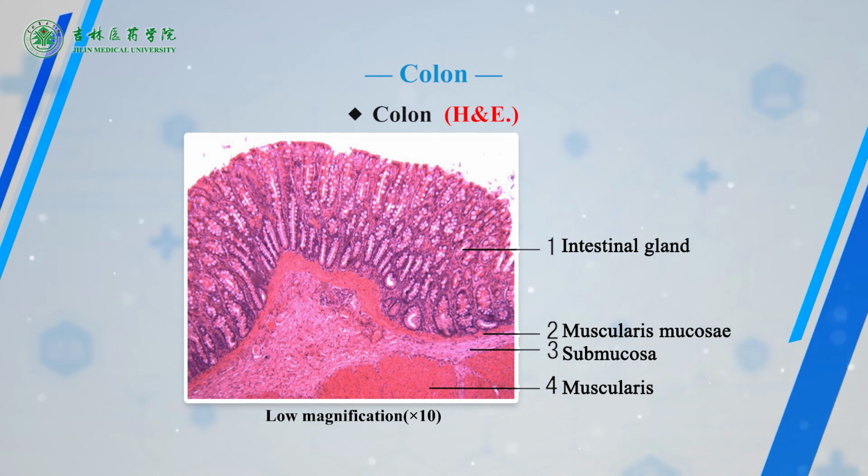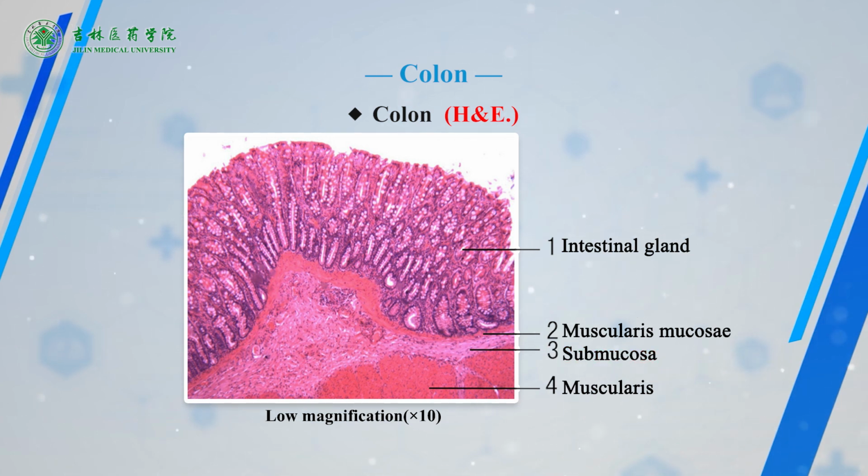The lining epithelial cells comprise columnar cells and many goblet cells. The muscularis mucosae is outside the lamina propria. Sometimes diffuse lymphatic tissue or lymphonodules can be seen in the mucosa or even penetrate into the submucosa.